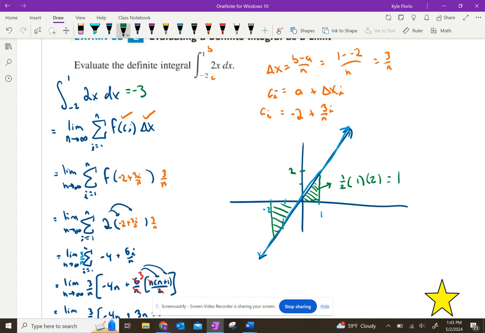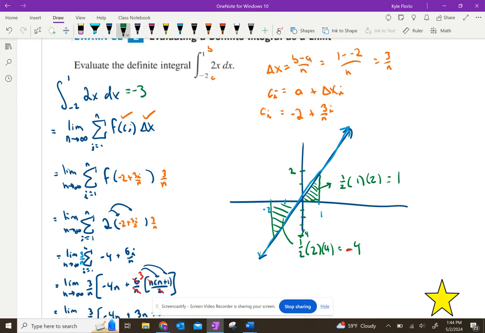The area of this region here is going to be 1/2 times the base. The base is 2. The height down here, if I plug negative 2 into this, I'm going to get negative 4. So this height right here is negative 1, 2, 3, 4. And that's going to give me a 4. But because it's below the x-axis, we have to recognize that this is really a negative area. So think of it as a negative 4.